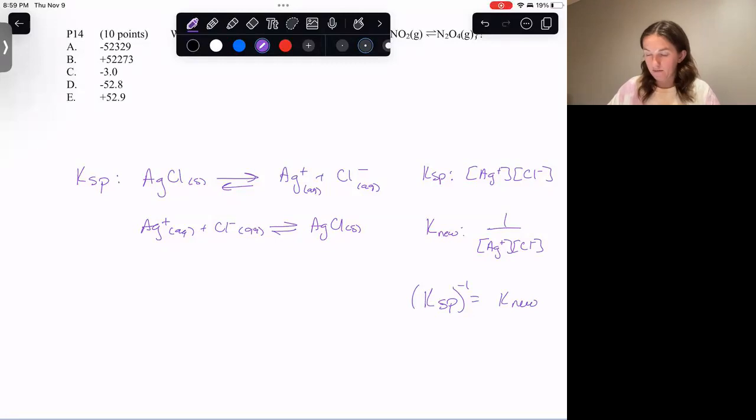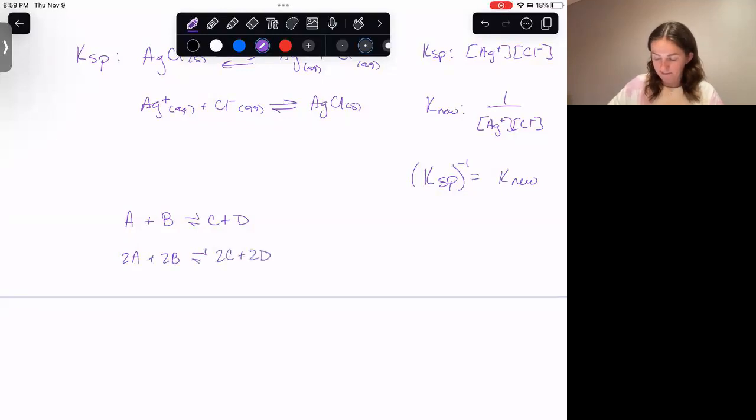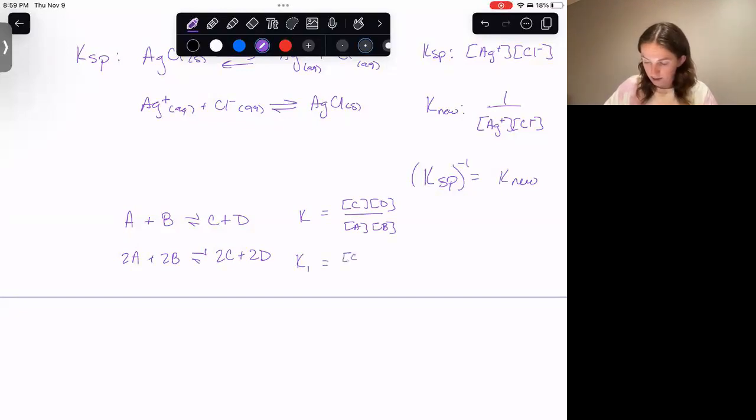In a similar sense, if we just had a generic reaction where we had A plus B reversible with C plus D, and we wanted to get to 2A plus 2B goes to 2C plus 2D. I should have picked fewer letters, but K here is C times D over A times B. Now K1, we'll call this one, is C squared D squared over A squared B squared.